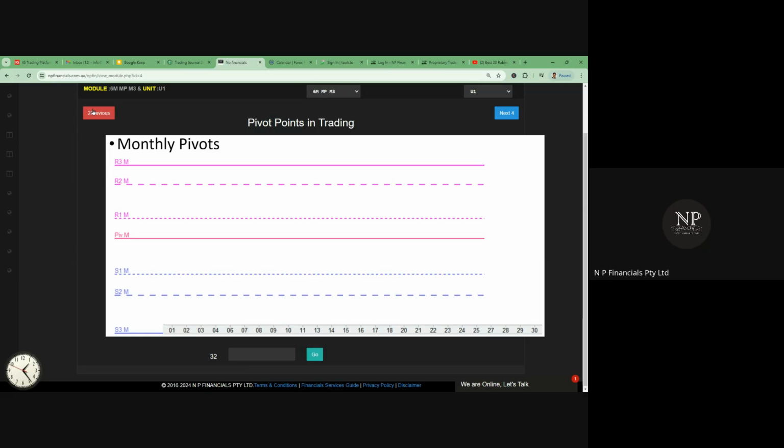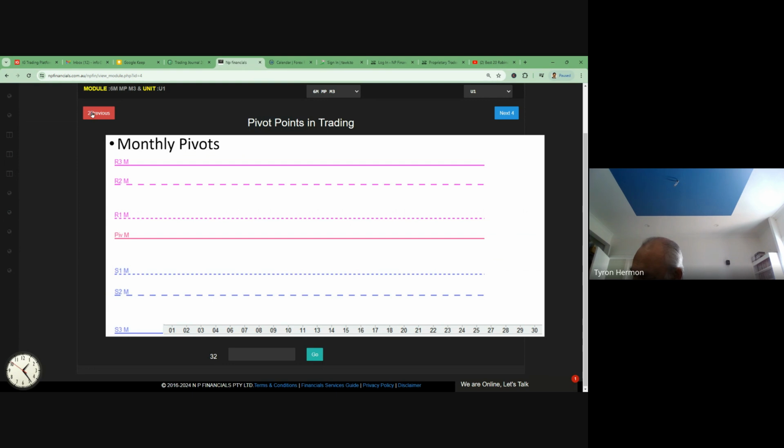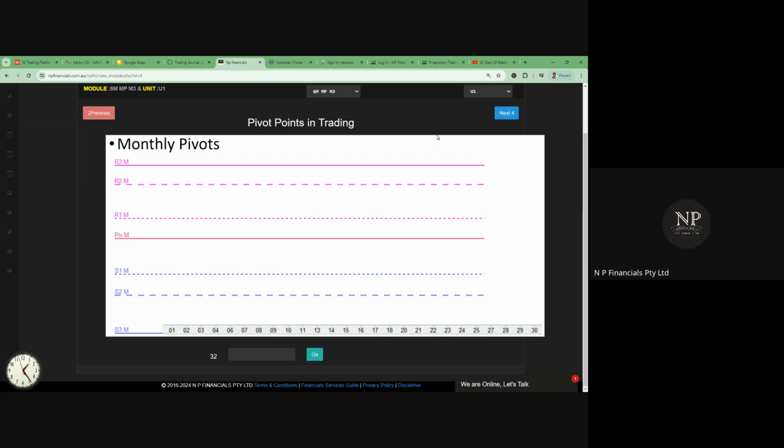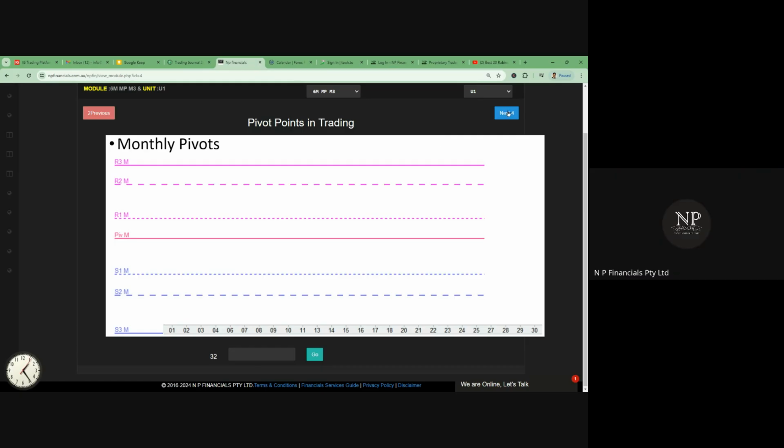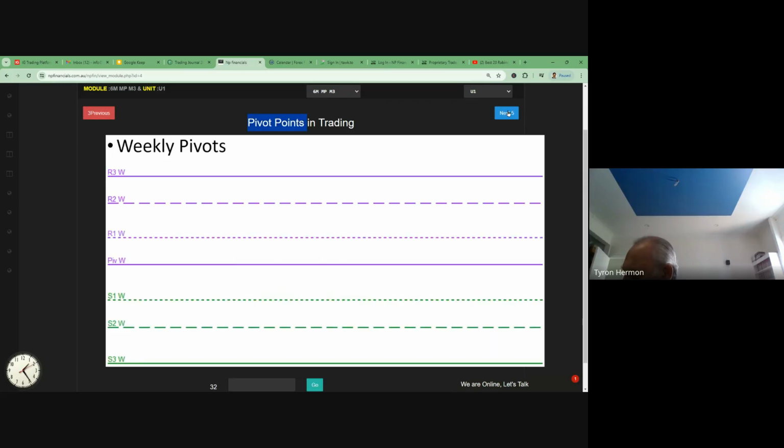We'll be using monthly pivots for 12 hourly, daily and 2 day. So three of them are using monthly pivot, one is using weekly pivot. Correct. Okay, all right, got it.